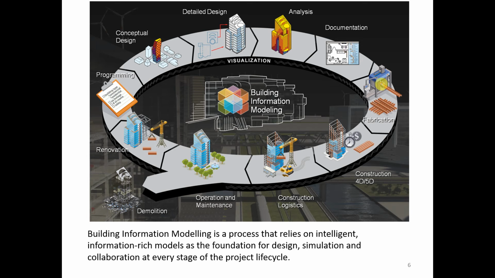As I say, it can then be handed over to other organisations to do the fabrication of components. It can be used for construction 4D and 5D. So 4D and 5D are basically cost and timing, producing timelines. Yeah, so costing and timelining, project management.